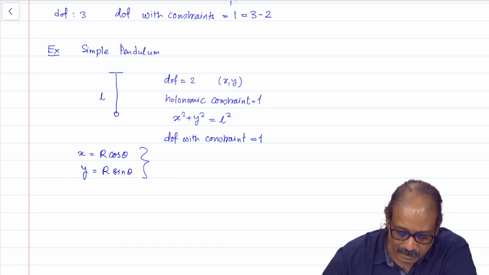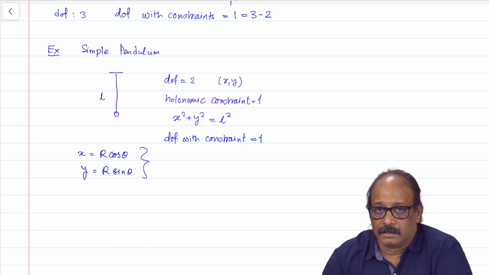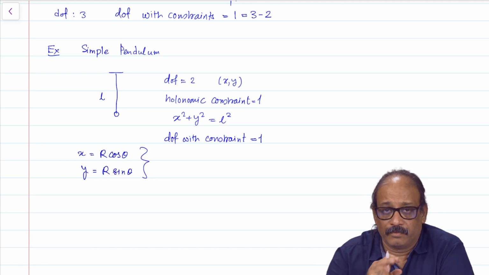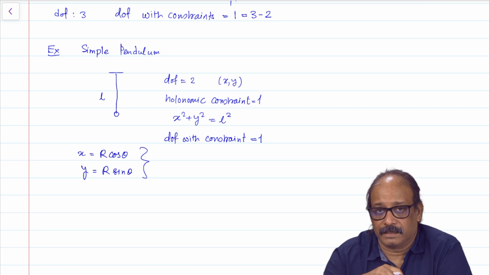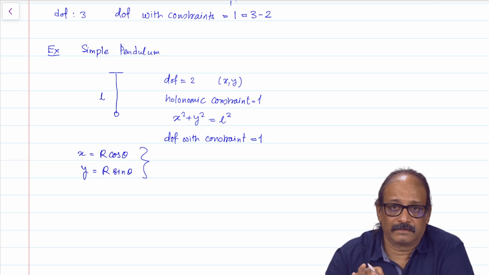Now, the question that we ask is this. Here of course, it is one particle moving in 2 dimensions. The configuration space without constraint is just the xy plane. Once you put the constraint, now the particle cannot visit every point of the configuration space, it has to stay on the circle.